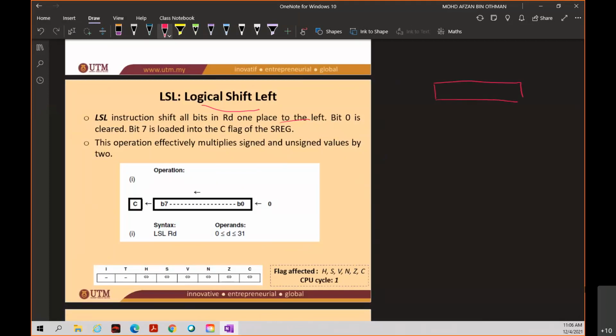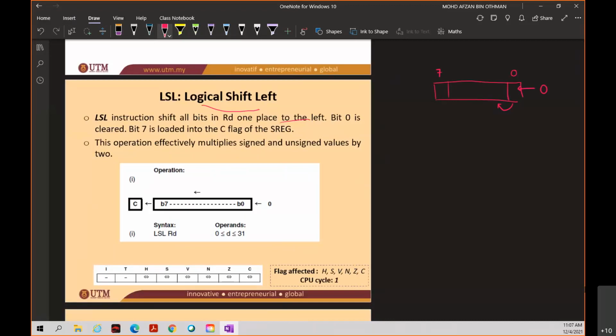Okay, so the register is 8 bits wide. Okay, you have bit 0 and bit 7 here. So what happens when you do the LSL? All right, so the value 0 from outside will go to your bit 0. And then what happens after that? This bit 0 will be shifted to the left, which is it will be shifted to bit 1 by 1 bit.